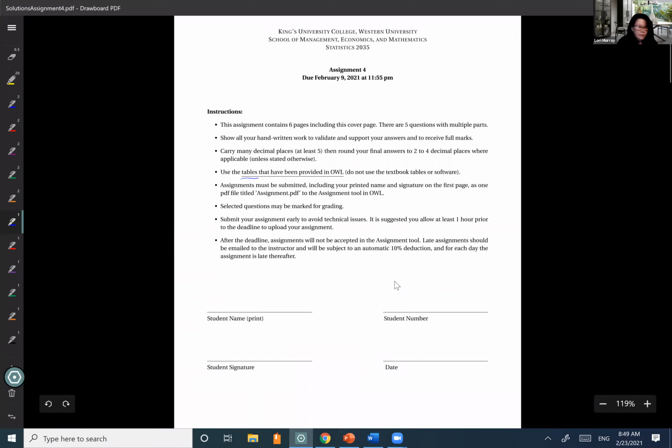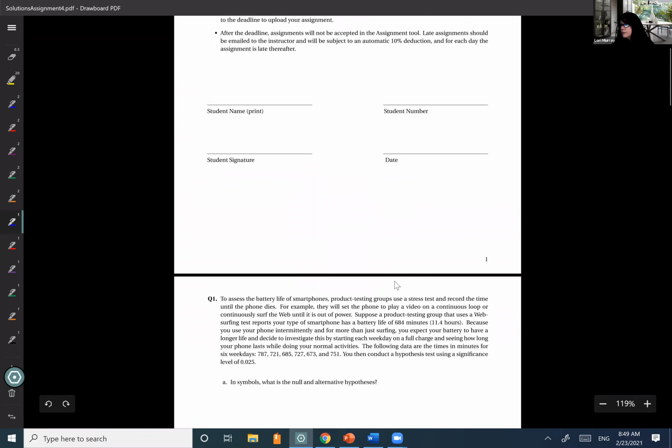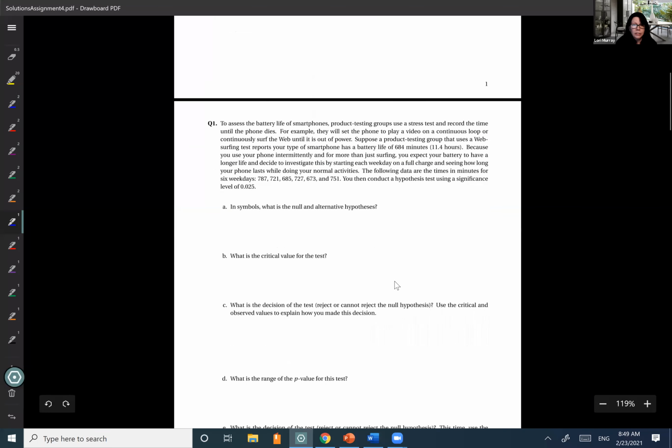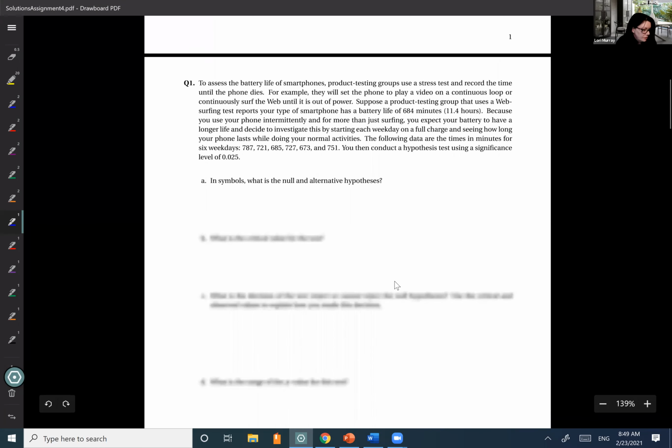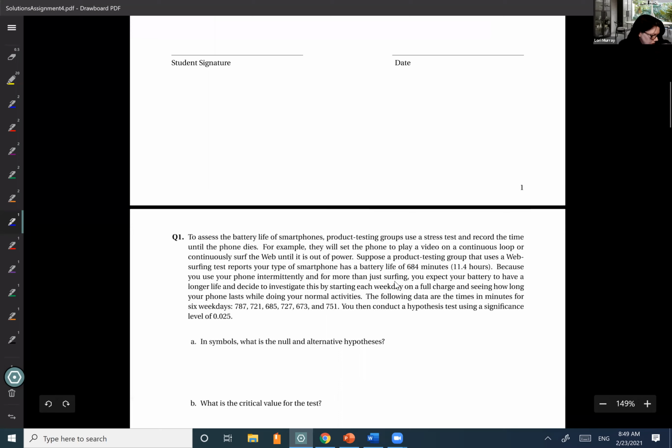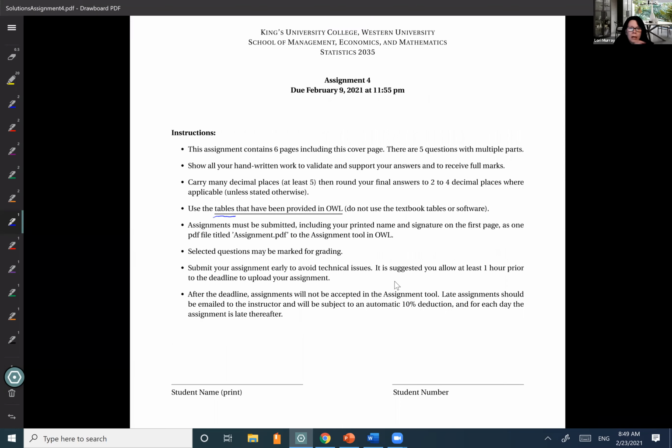Right. So if you have any questions, just pop them into the chat. I was just going to go through some of these. These are all from assignment 4. Let me just make sure there's nothing else to mention here. So there's going to be no ambiguity about how many decimal places to carry. You want to remember to carry as many as you can though while you're in the process, right?